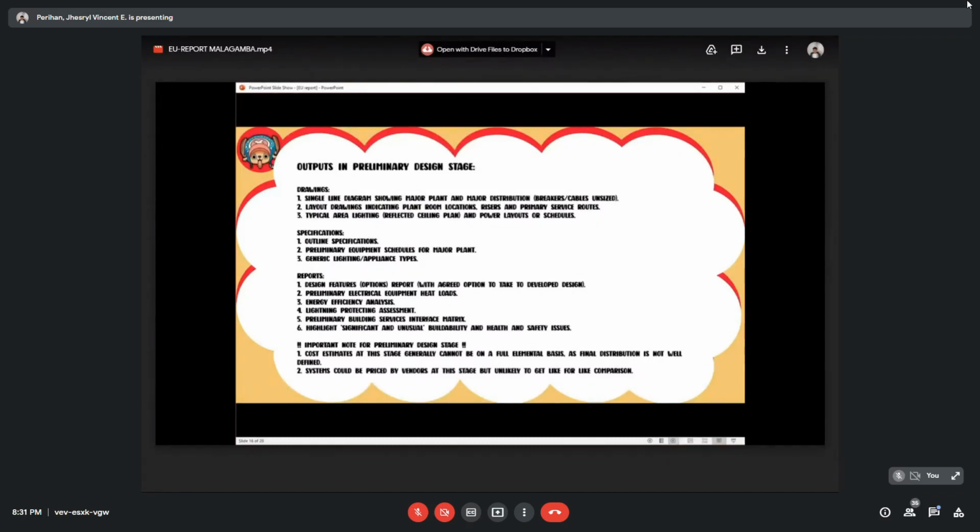So an important note for the preliminary design stage is, first, cost estimates at this stage generally cannot be on a full elemental basis as final distribution is not well defined. Second, systems could be priced by vendors at this stage, but unlikely to get like-for-like comparison.